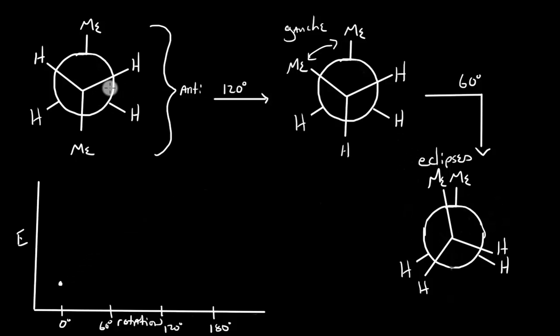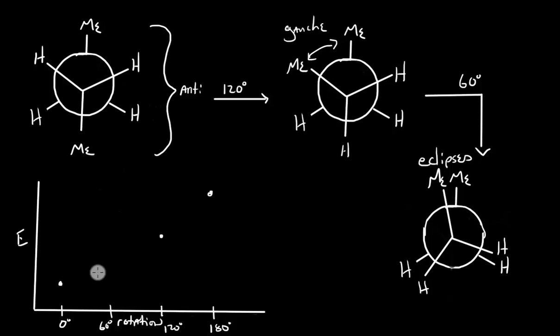So this was a 60, 120, and 180 degree rotation. This is going to be the highest energy, so it's going to be way up here. And we're neglecting the 60 degree orientation for now, but after we do that 120, it's going to look like this. It's going to be a little bit higher in energy than the beginning and a little bit lower in energy than the end.